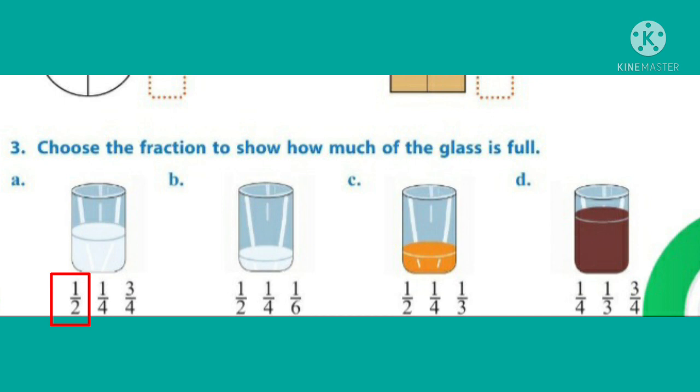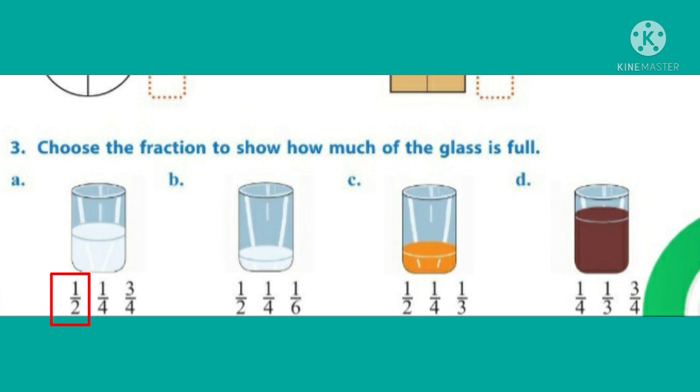See the glass B. Just compare the glass A and B. Children, when whole is divided, we get half. When half is again divided, we will get 1 by 4. Now look at the glass B. Is glass B filled with half of the water filled in glass A?